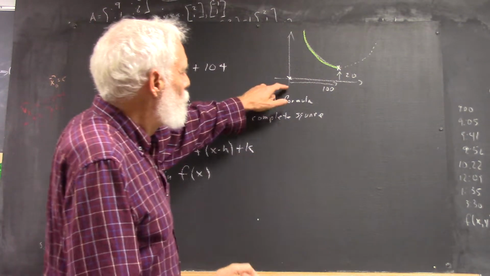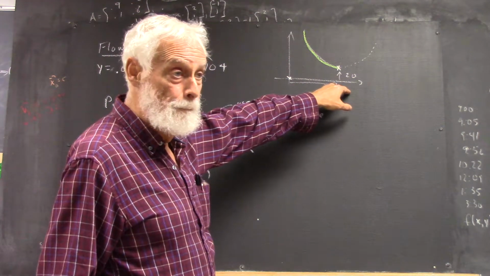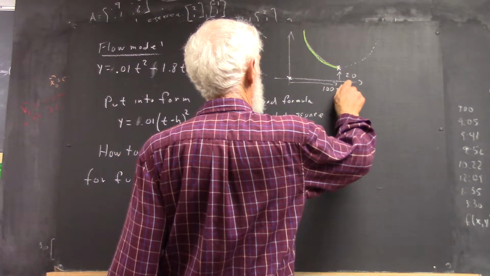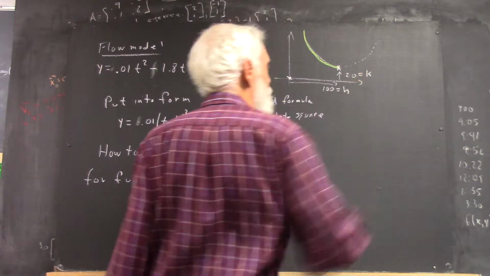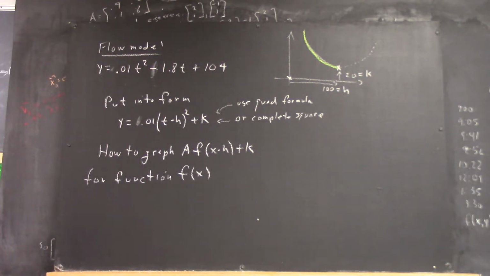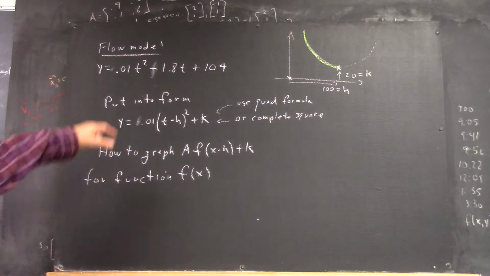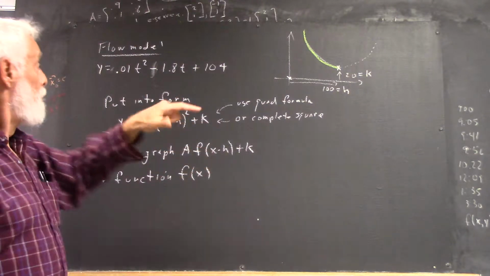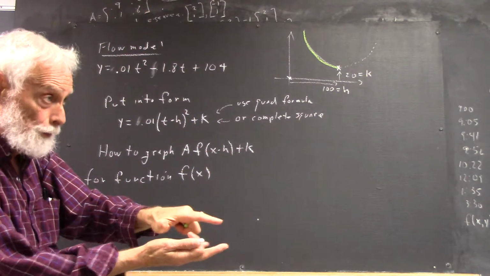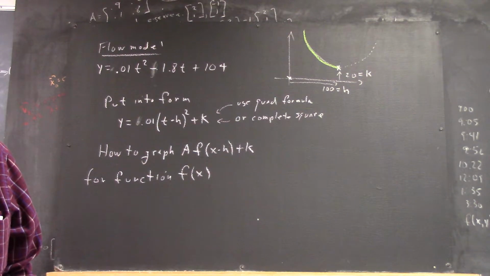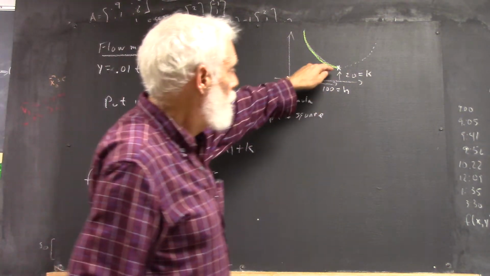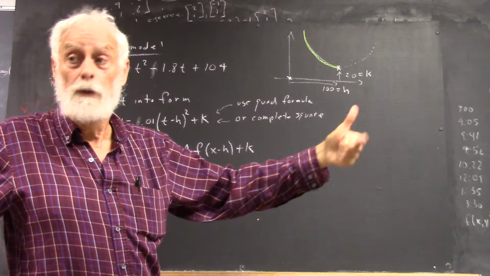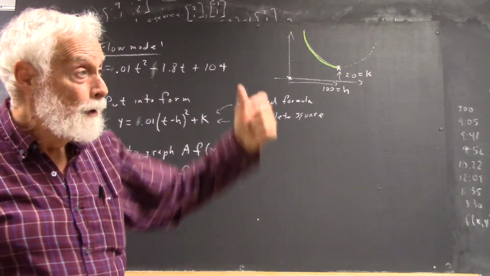So this, whatever number it is you move over here, this is your H, and this is your K. The number out in front here is your vertical stretch number, which, being small, really compresses things. So there's the H and there's the K. If you don't understand why, or if you do, that's great, you could probably take the exam right now.